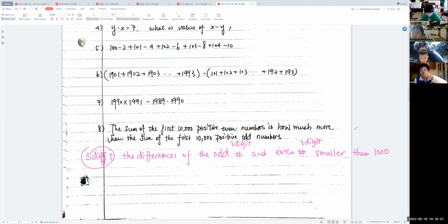So before it was even minus odd. Even minus odd is very simple: 2 minus 1, 4 minus 3, 6 minus 5, 8 minus 7, right? Every time it equals 1. So the answer should be 1 times 10,000, which equals 10,000. Very easy. But this time I want to use the odd number minus the even number. Yes, negative 10,000.